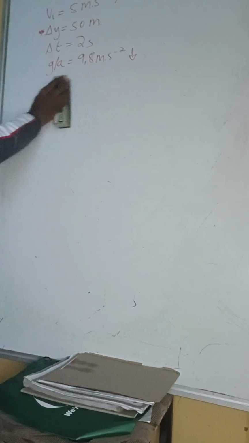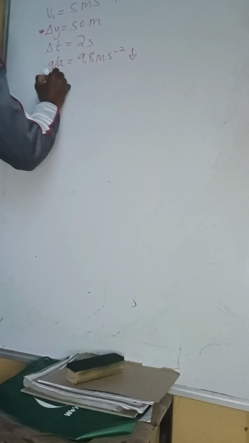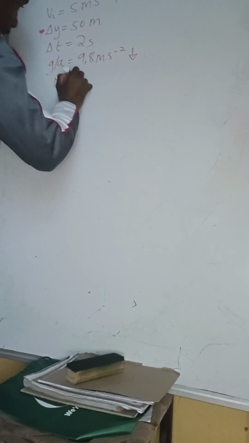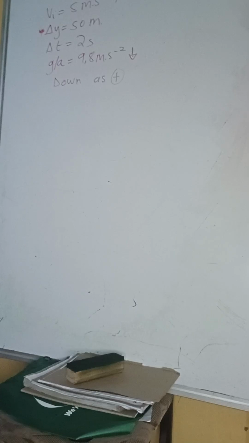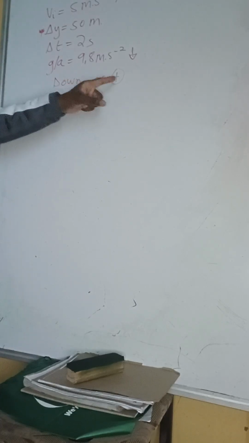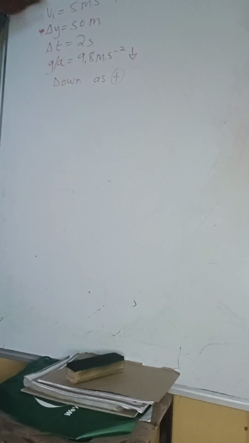So let us choose direction first. So now I'm gonna choose down as positive. I choose down as positive. If I choose up as positive, it means my 9.8 is going to be negative and my vi is going to be positive.